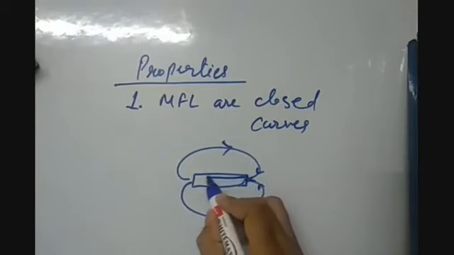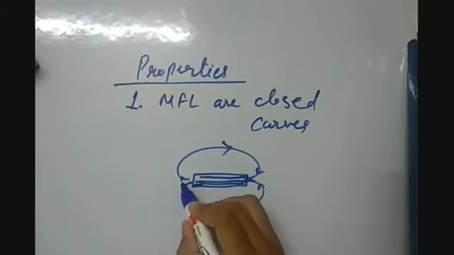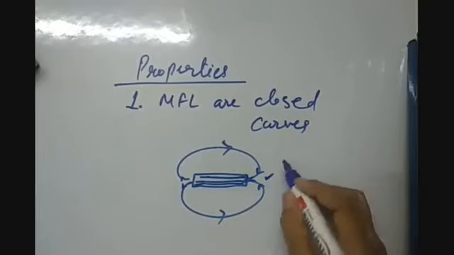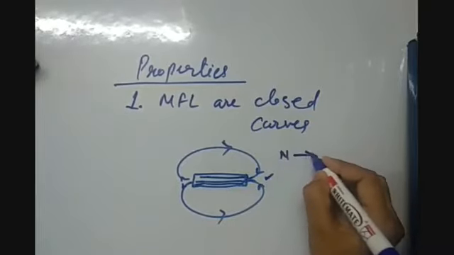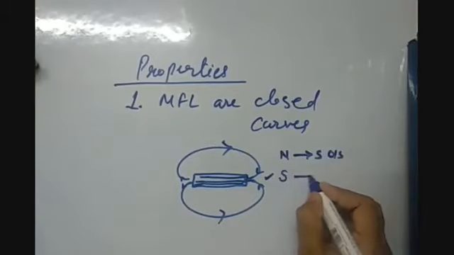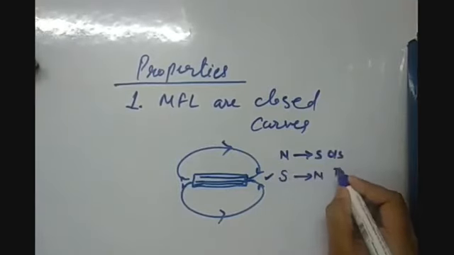They travel even inside the material. So the direction of the magnetic field lines will be from north to south outside the magnet and from south to north inside the magnet.